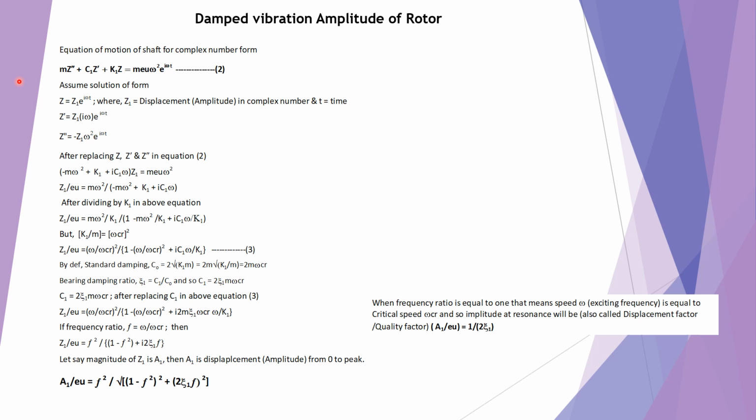So after replacing z differentiation and z double differentiation in equation number 2, we can write bracket start minus m omega square plus k1 plus i c1 omega bracket close z1 is equal to m into eu into omega square, because e to the power i omega t on both sides is cancelled out.